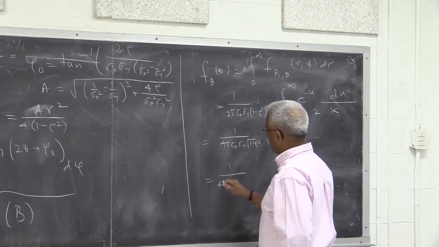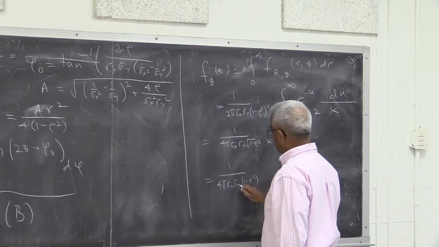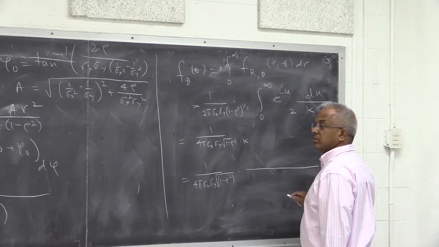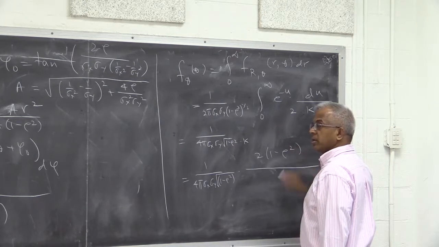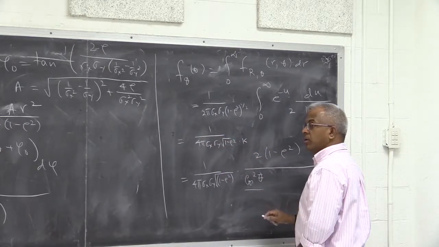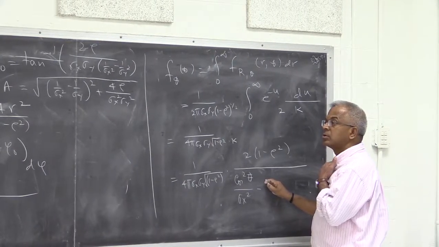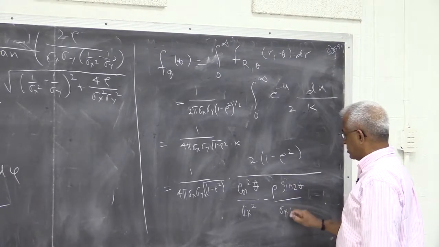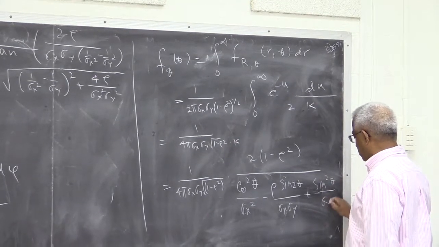So this is 1 over 4 pi sigma x sigma y, 1 minus rho squared, within the square root. K is in the denominator, so the numerator is 1 minus rho squared, and the denominator is cos squared theta over sigma x squared minus rho sine 2 theta over sigma x sigma y plus sine squared theta over sigma y squared.